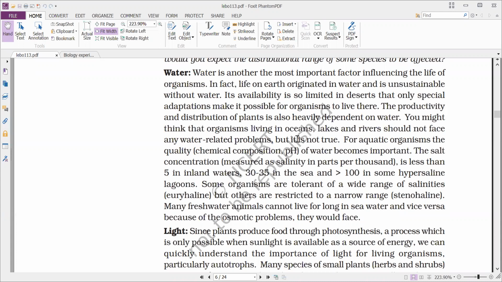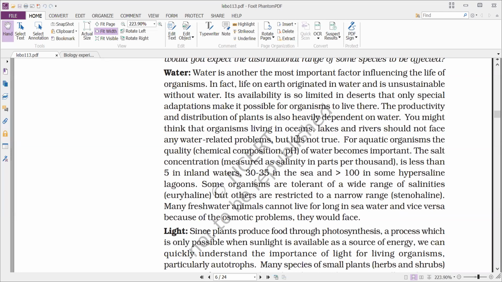And next, the productivity and the distribution of plants is also heavily dependent on water. So wherever there is more rainfall, we will find more vegetation. Where there is more rainfall or where more water is available, there we find different types of plants.